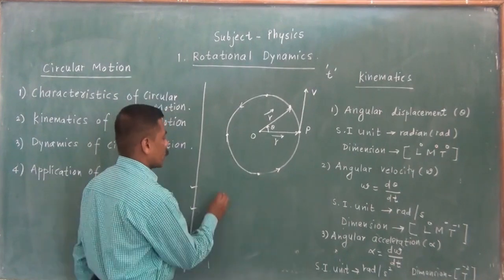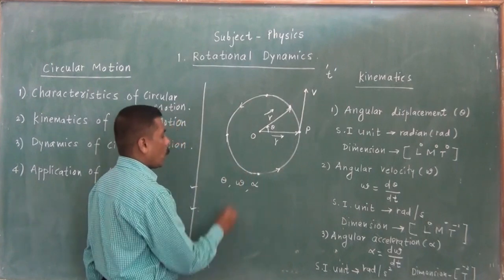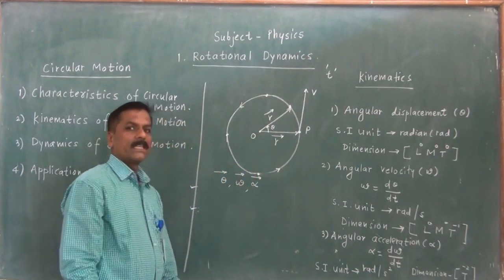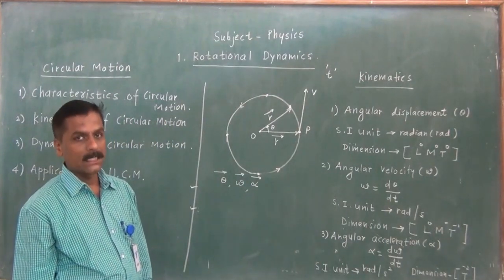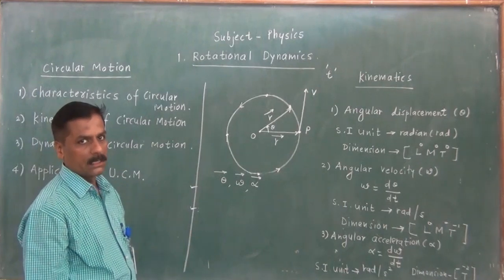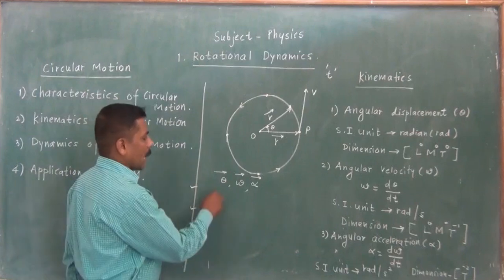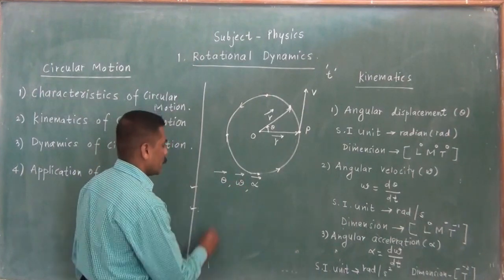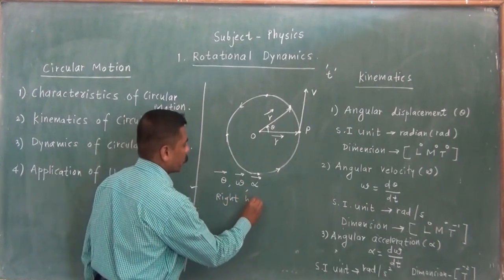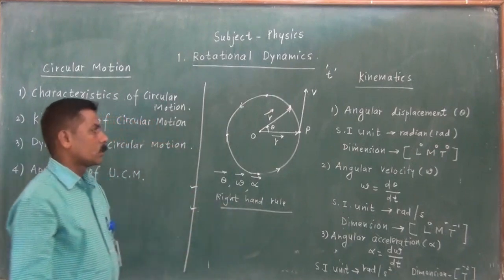Now these notations, theta, omega and alpha, are all vectors. In the case of vectors, they require magnitude as well as direction. The direction of all these three is given with the help of the right hand rule, which we have also seen.